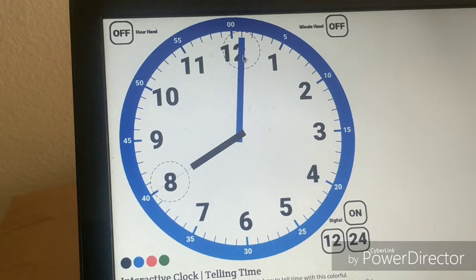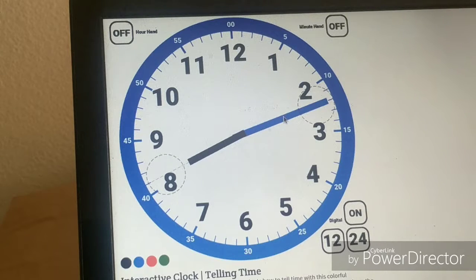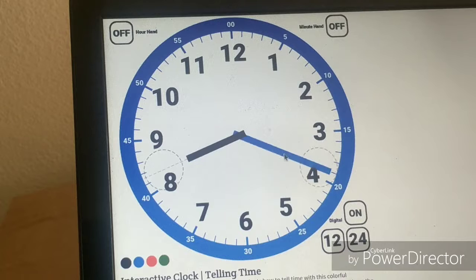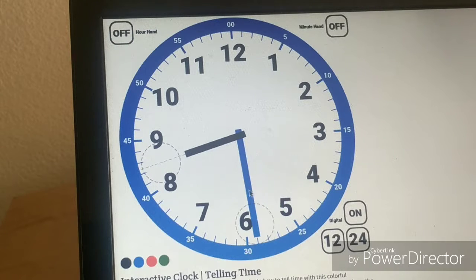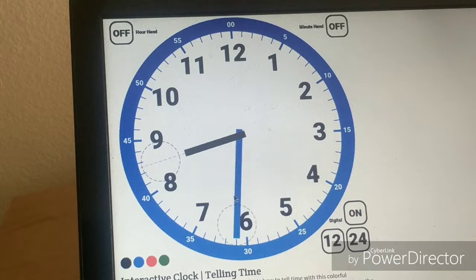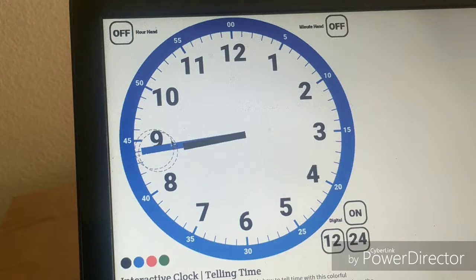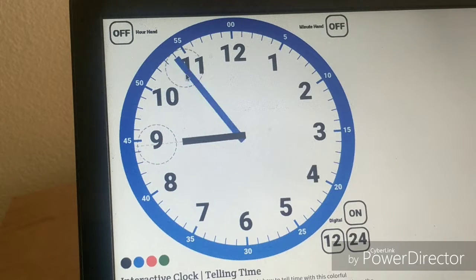Now if I move my longhand to the 30, which 30 is half of that 60 minutes in an hour, you'll see that the hour hand moves halfway between the 8 and the 9. If I move the longhand to 55, which is close to the start of a new hour, you'll see that the shorthand moves close to the new hour, 9.